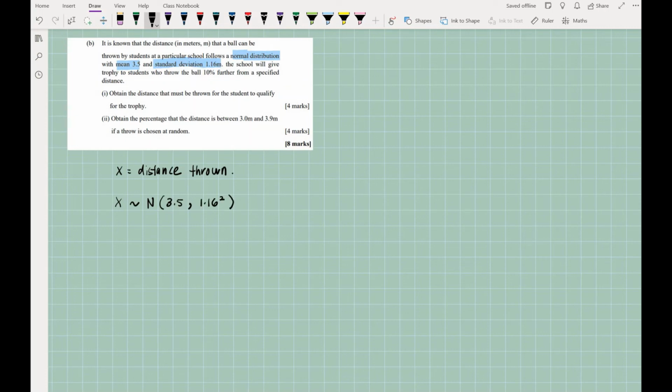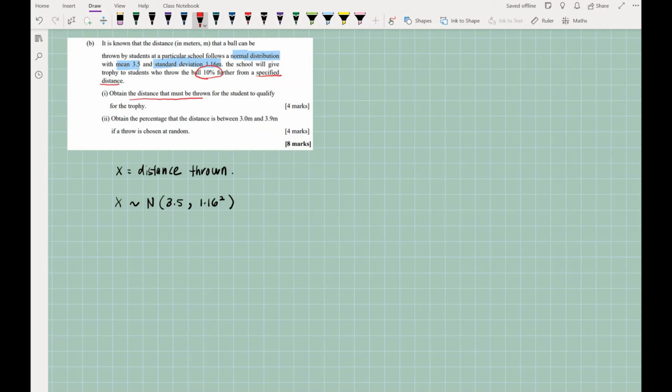So daripada sini, now kita tengok soalan yang pertama yang mana you have been told obtain the distance that must be thrown for the student to qualify for the trophy. Okay, so dari sini kita kena refer kepada maklumat di atas ini yang mana the school give trophy to student who throw the ball 10% further from a specified distance. So that specified distance adalah berapa yang kita nak cari.